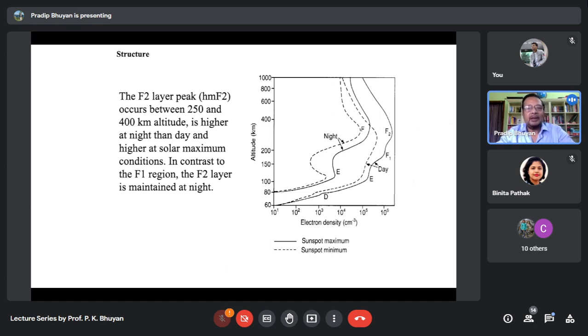So that way, these measurements were done. The ionosphere also gives you the layers E and F1 or F2, E or F.